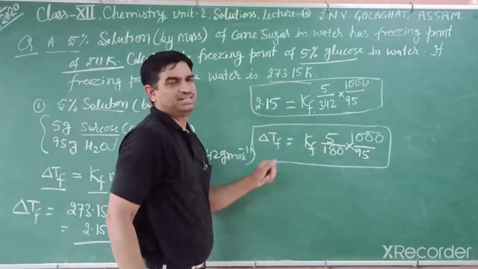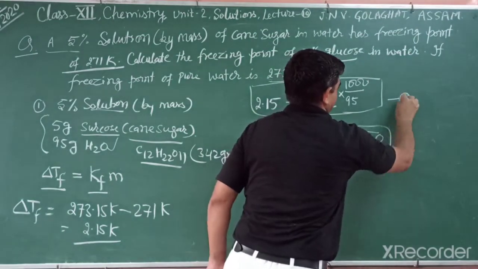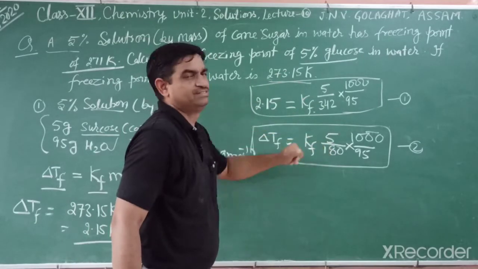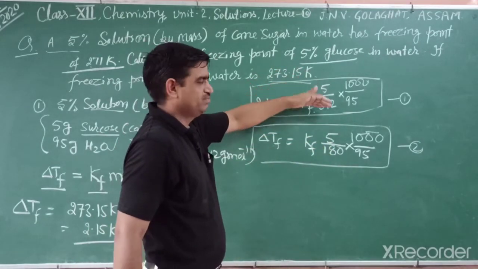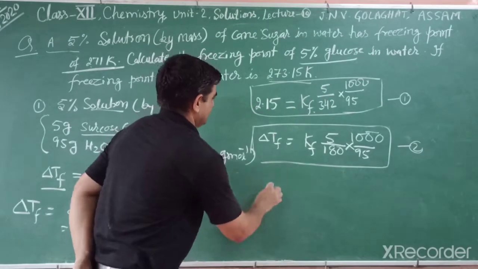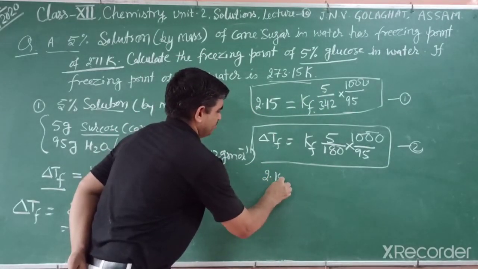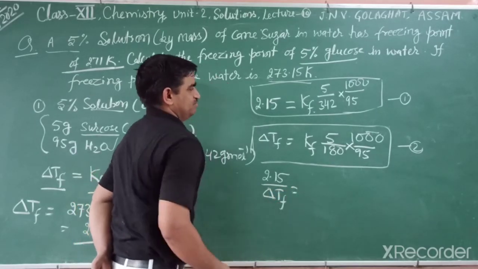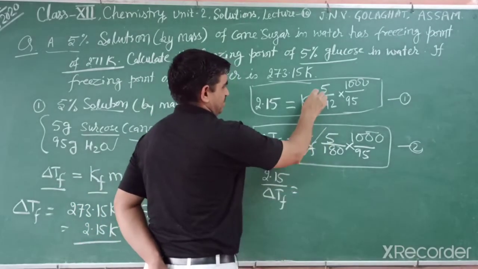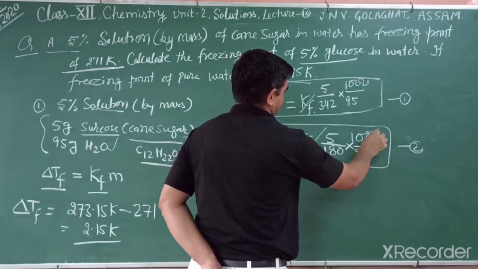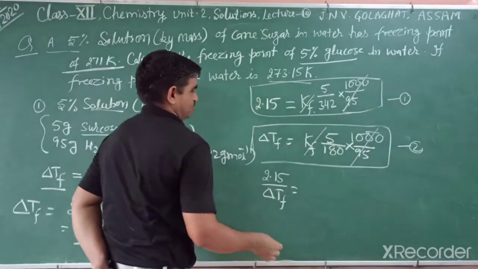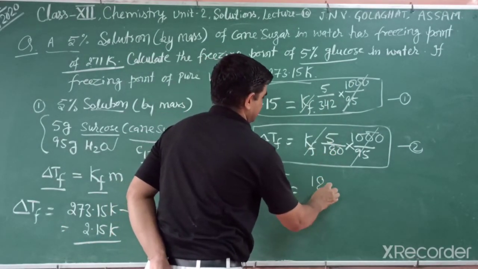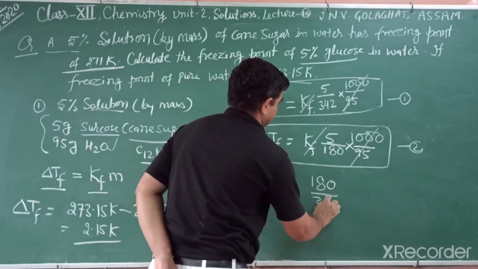So by these two data, how can we find out? Take the first equation divided by the second. Then we can write 2.15 divided by delta Tf is equal to Kf by Kf, so Kf cancels, and the 5 value also cancels. What remains is 180 divided by 342.